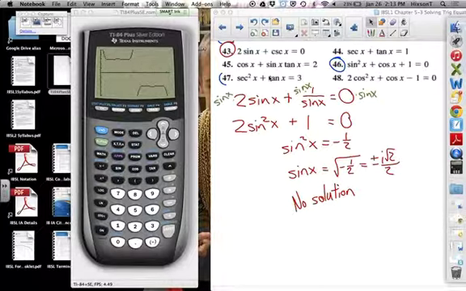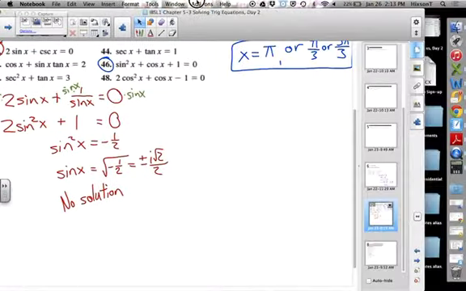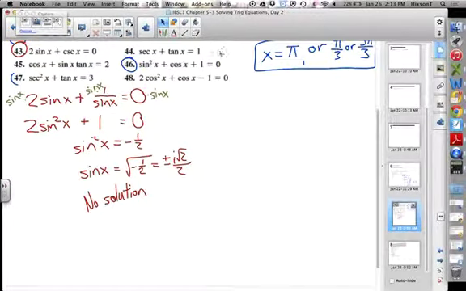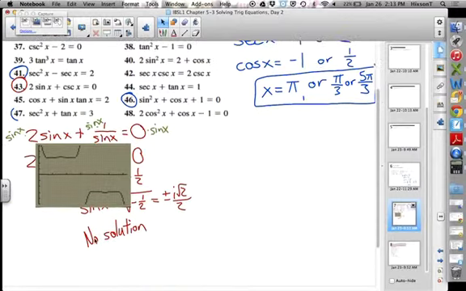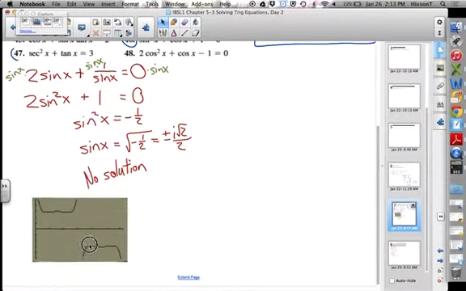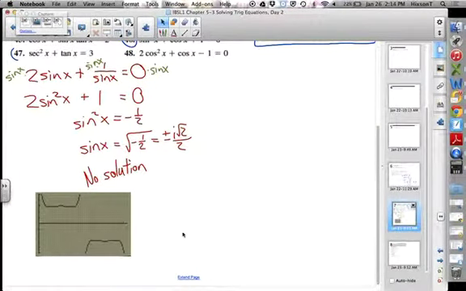It looks like parabolas, up here and then down here and so on. Secant and cosecant have very similar graphs because they're derived from sine and cosine, which have very similar graphs. So it's possible to end up with something like this.